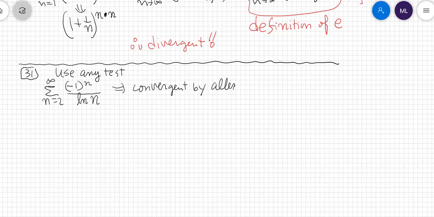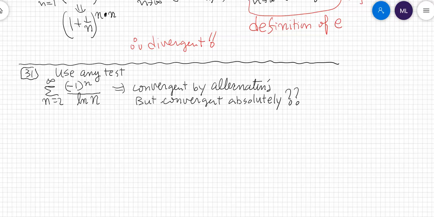Alternating, okay? But convergent absolutely? That is the question. So to check this one, the summation of 1 over ln of n.